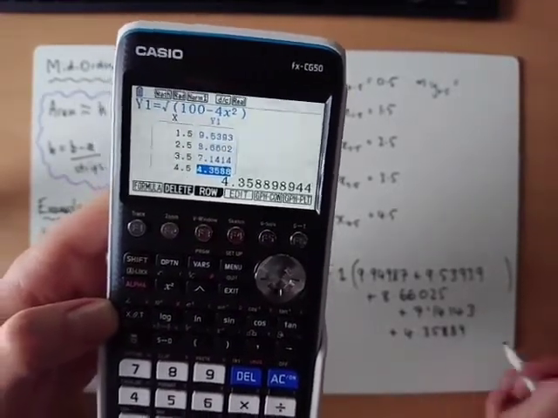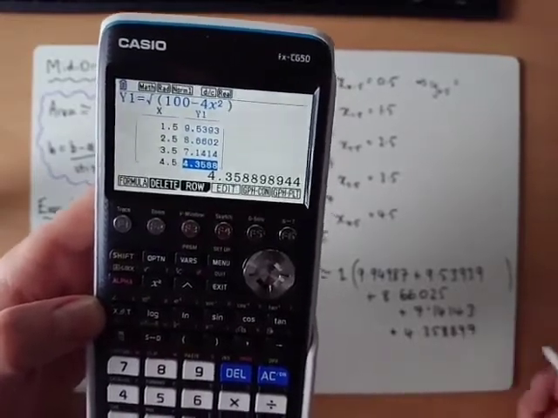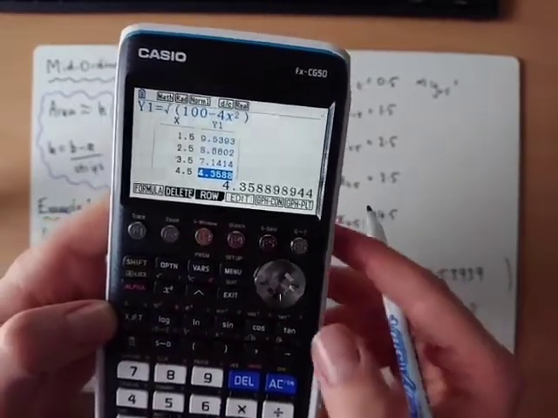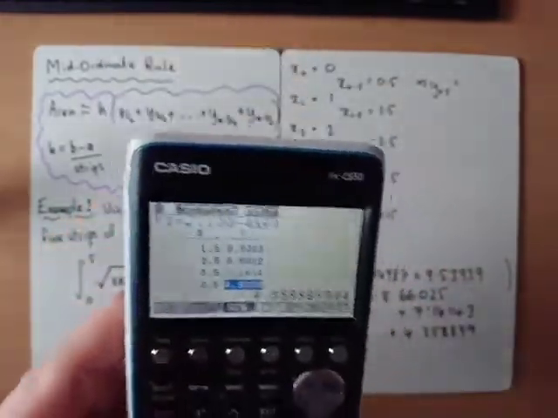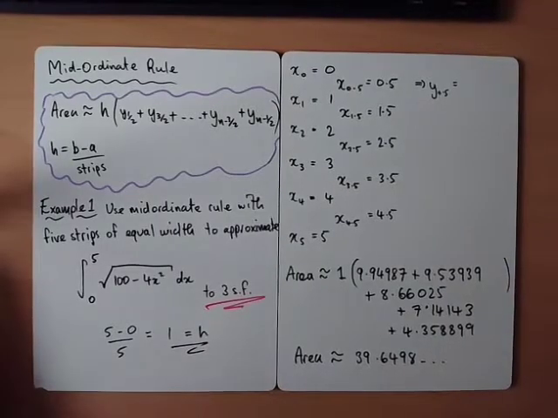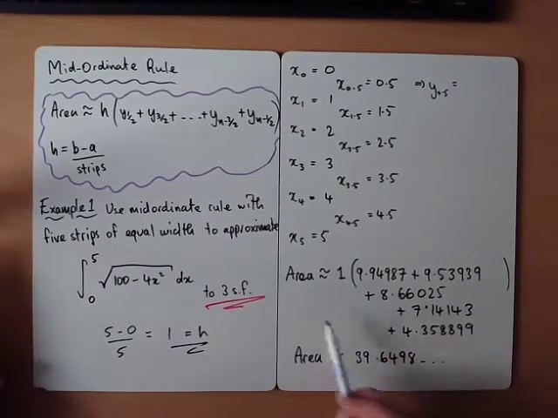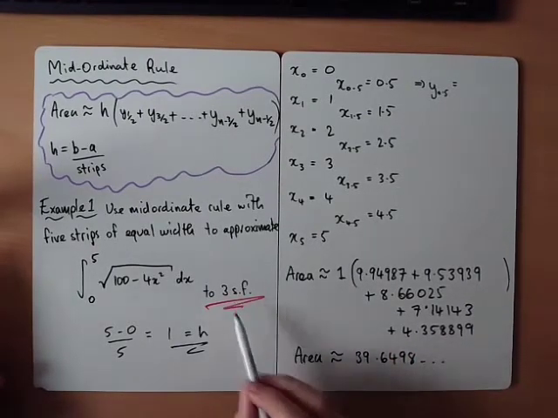Nine eight nine, so I'll keep going. I should have really written 90 there, but it doesn't really matter. Okay, so let me just tidy this up and we'll see what we end up with. Okay, so once I've done this, I'm getting 39.6498, which is 39.6 to 3 significant figures.